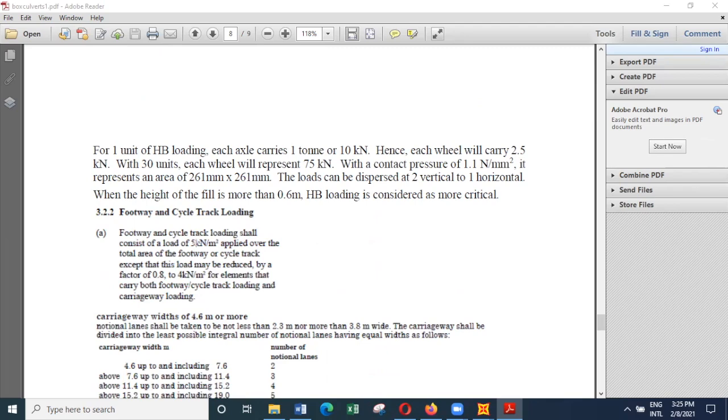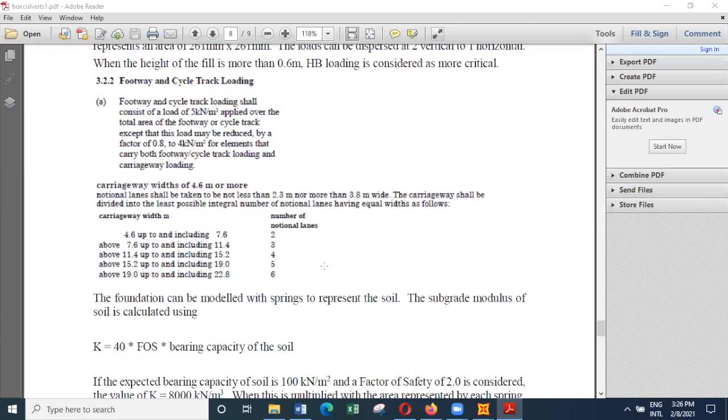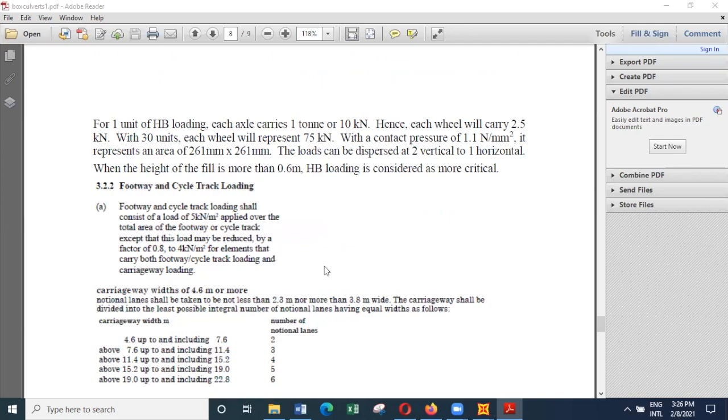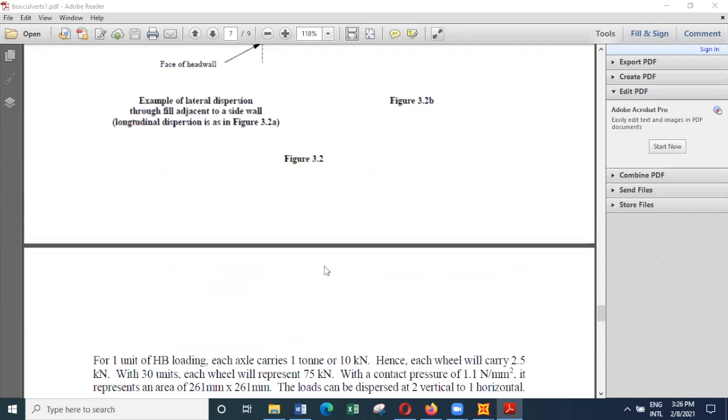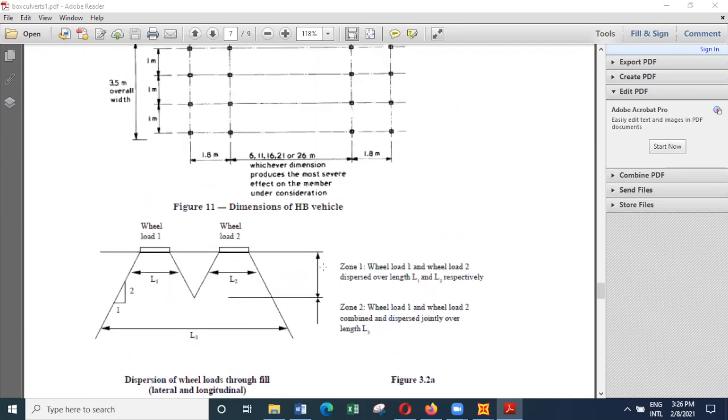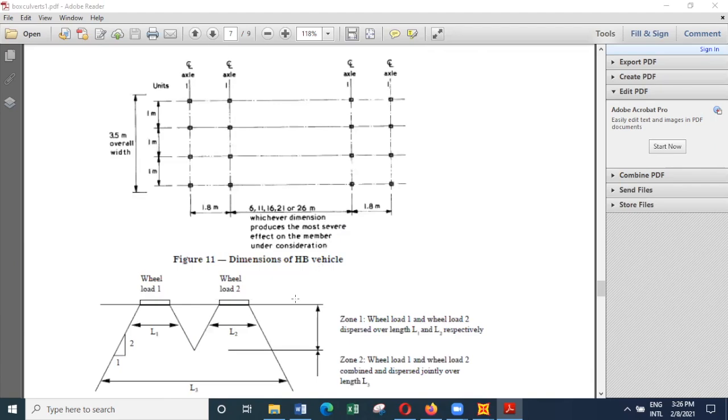So in addition to that, you have to consider if there are cycle tracks and so on, those loads also should be considered, but they are not very high. The cycle track loading is about 5 kilonewtons per meter squared. So these are the loads. And then, if the soil fill is more than 0.6 meters, it is stated that you have to consider only this loading.